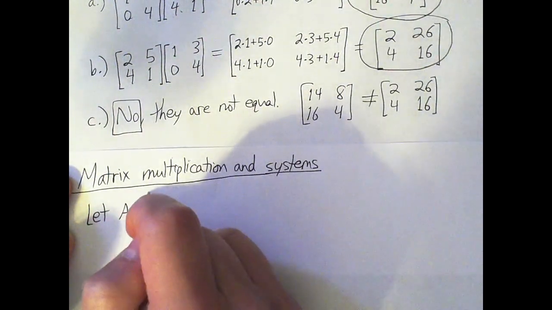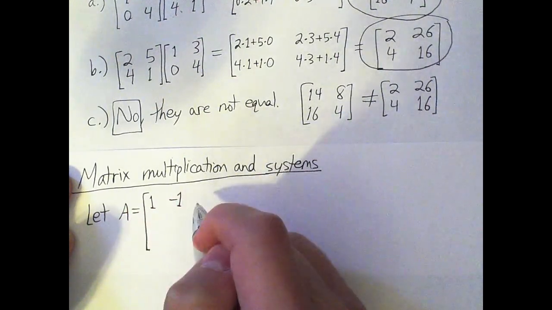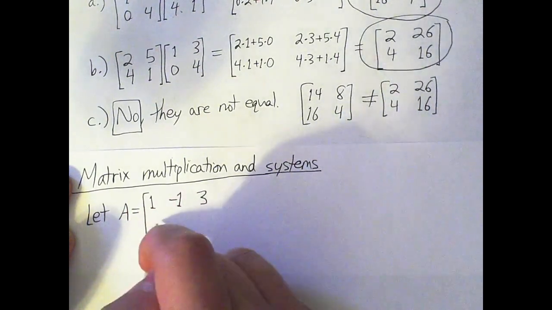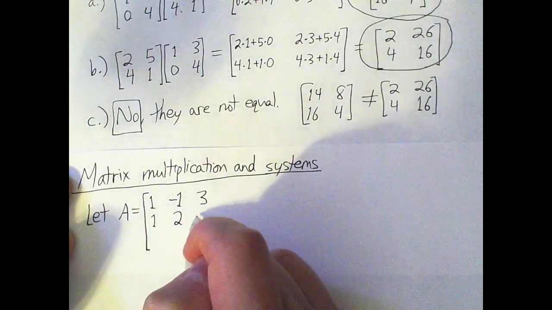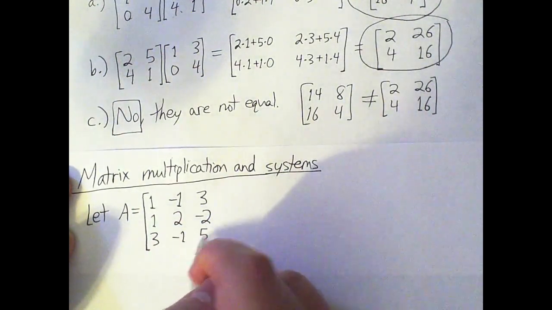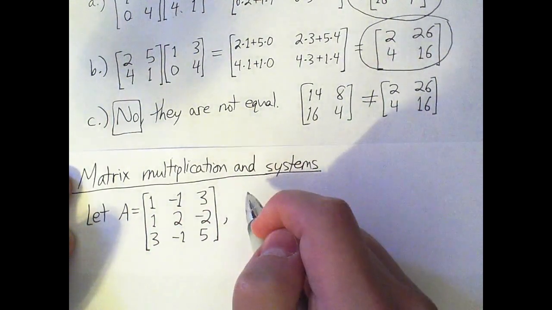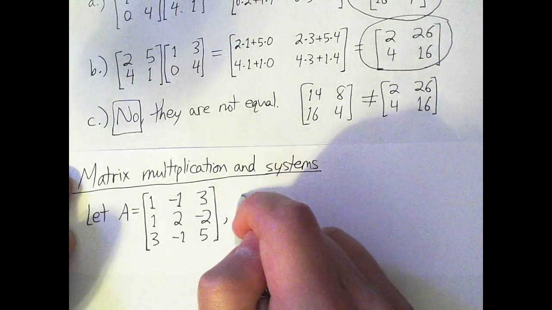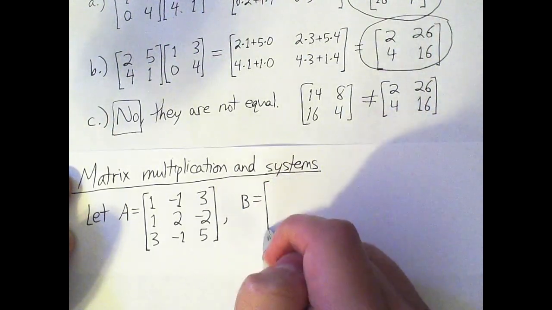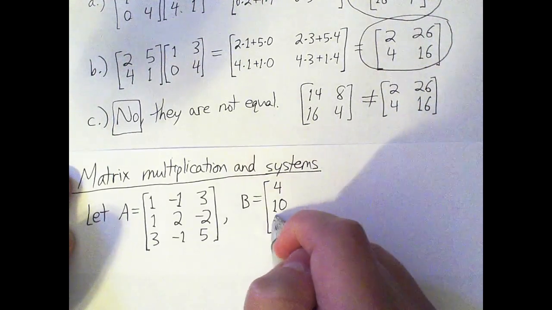Let's suppose A is this 3 by 3 matrix: 1, -1, 3, 1, 2, -2, 3, -1, 5. Let's suppose that the matrix B is this matrix: 4, 10, 14.